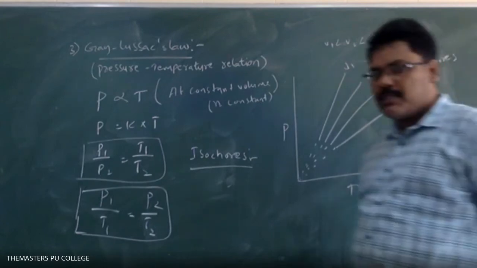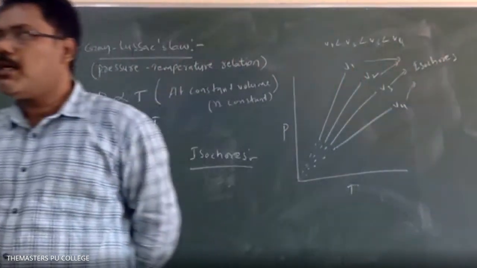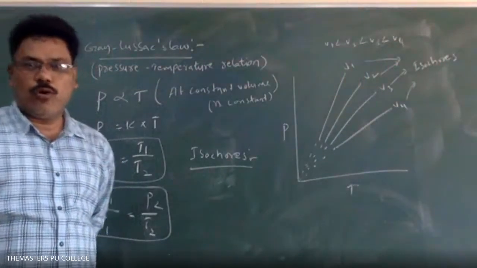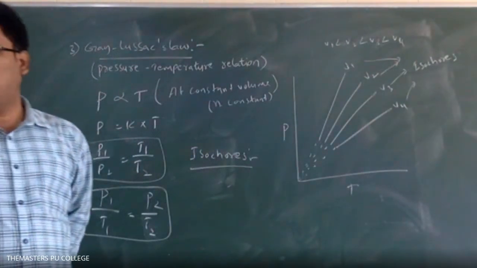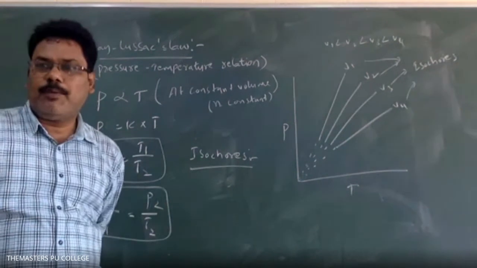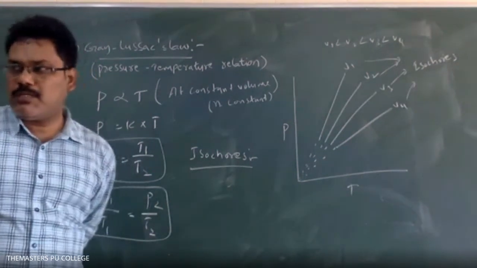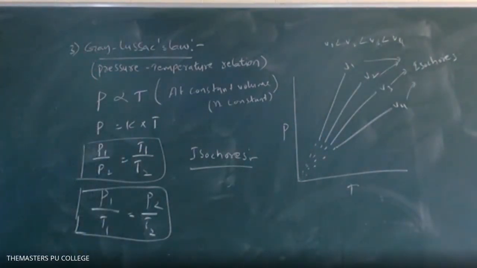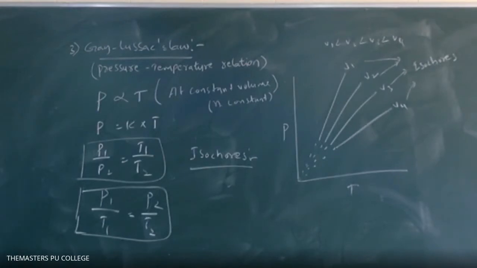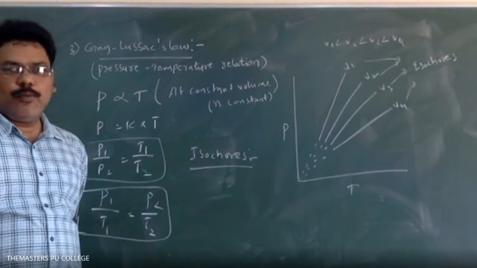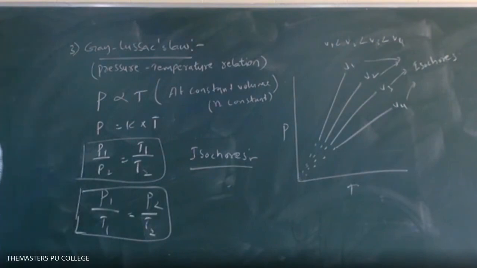So till now we discussed isotherms, isobars, and isochores. Isotherms means at constant temperature, the curve obtained for pressure versus volume. Isobars means at constant pressure, the curves obtained for volume versus absolute temperature.